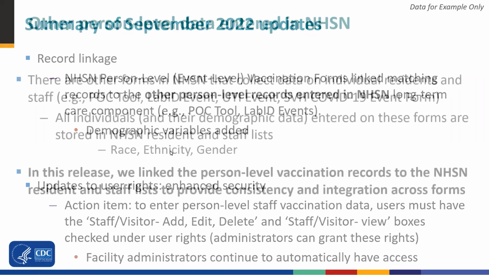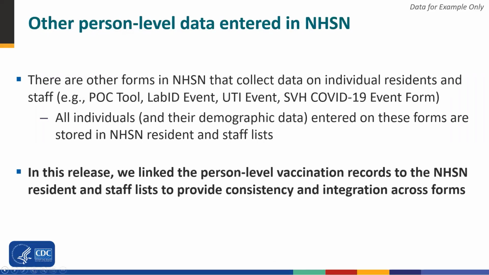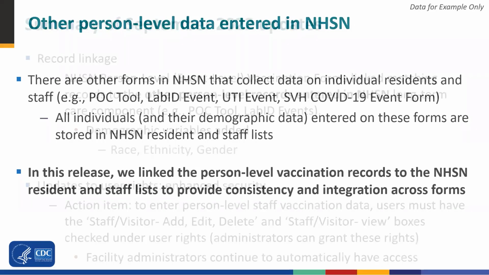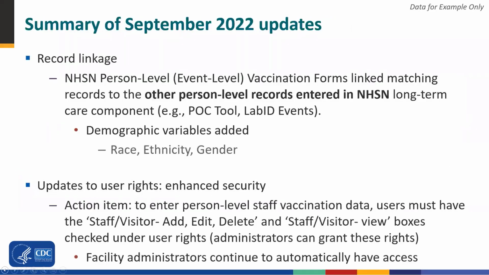I just mentioned that the linkage was performed to link the person level vaccination records to other person level data entered in NHSN. These are other person level or event level forms in NHSN that collect data on individual residents and staff, such as the POC tool, the lab ID event form, the UTI event form, or the State Veterans Home COVID-19 event form.